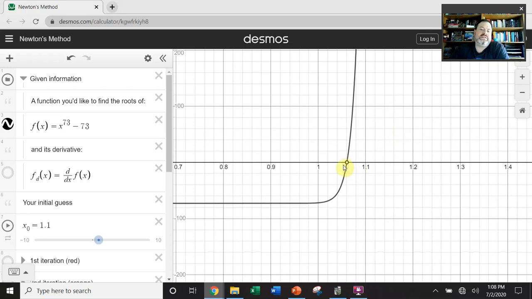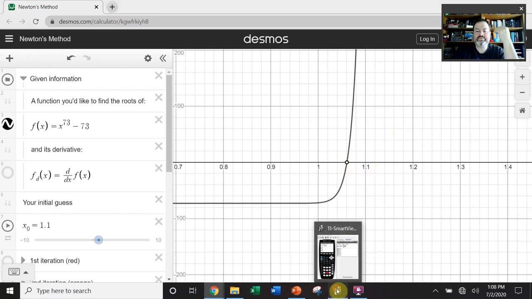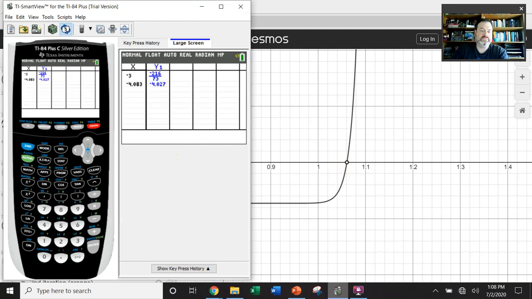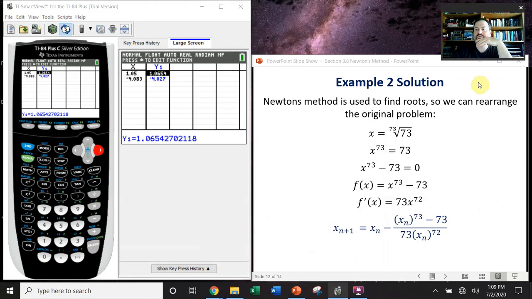So I said it looks like it's about 1.05. It's about halfway. All right. So when I input my first number in my table, I'm going to type 1.05. And here's my answer. Okay, so let me get Desmos out of here for a sec, and I'll go back to the PowerPoint.